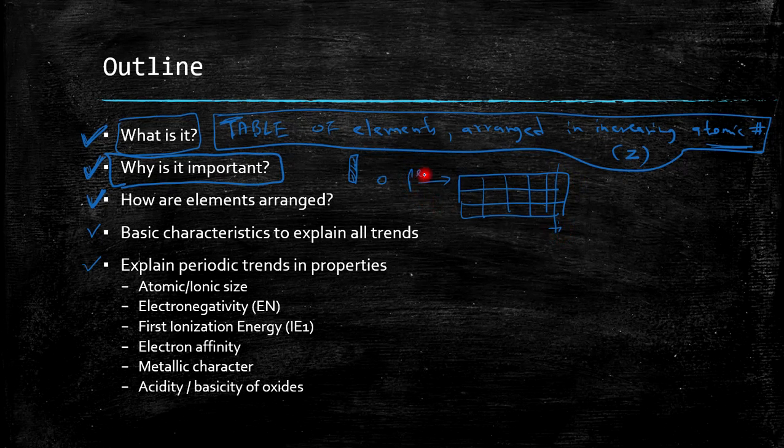So these are periods and these are groups. As we go from left to right, each element will have increasing atomic number, and as we go down also they will have increasing atomic number. Okay, so that's how they are arranged.